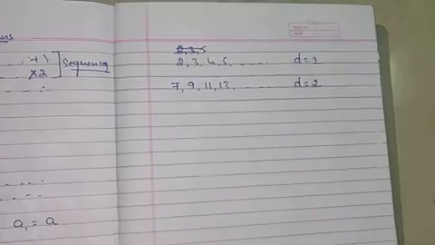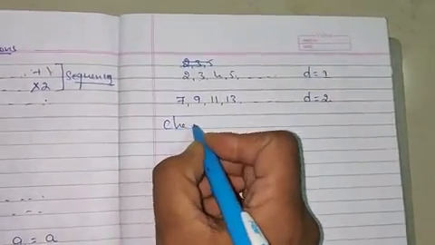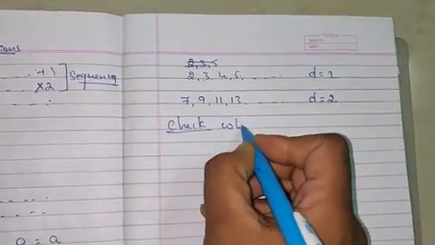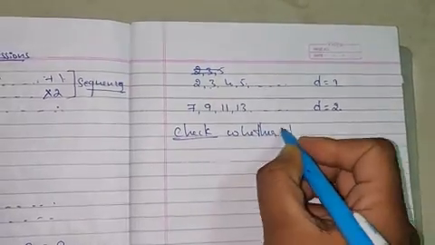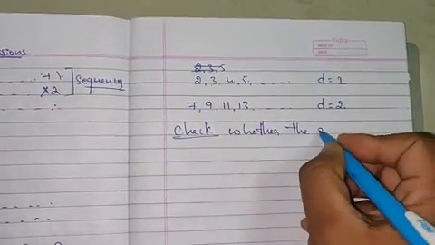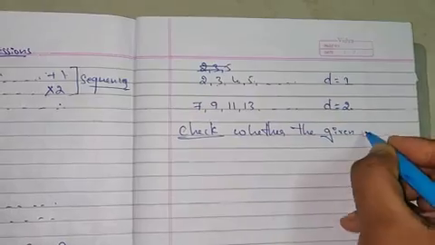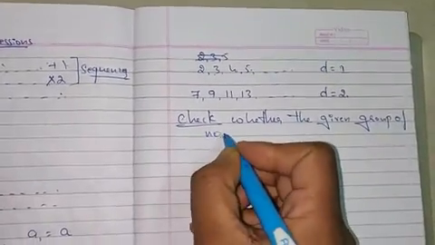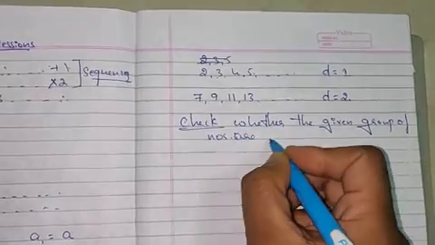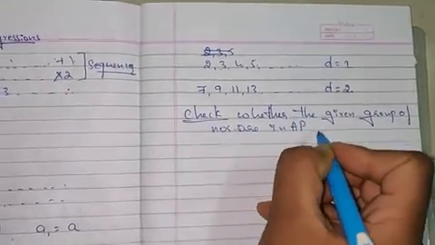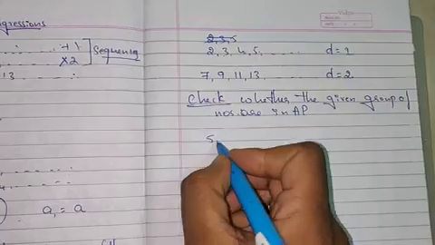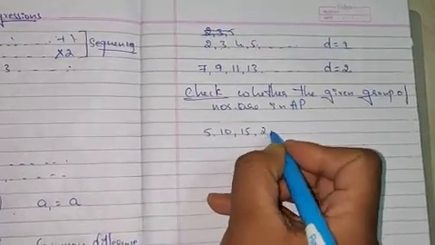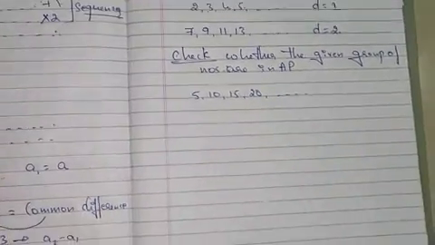So we will get some types of examples like: check whether the given group of numbers are in AP. Let me consider an example here. 5, 10, 15, 20 and so on. Is it in AP?